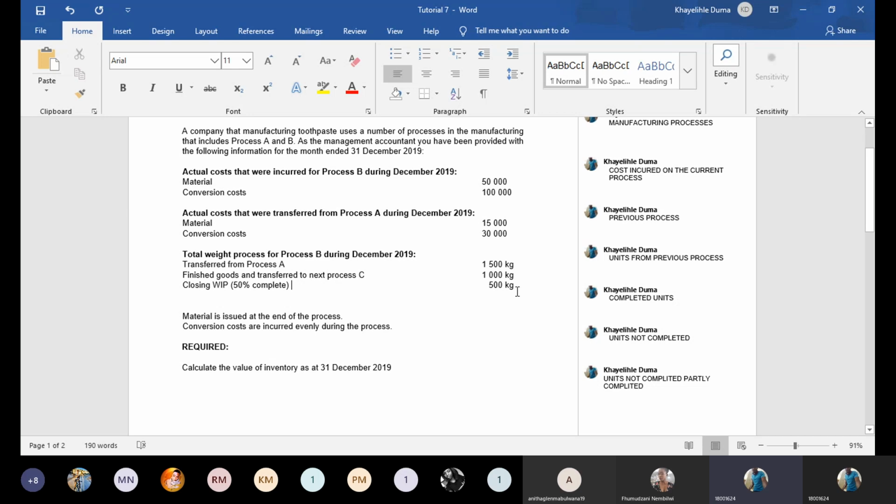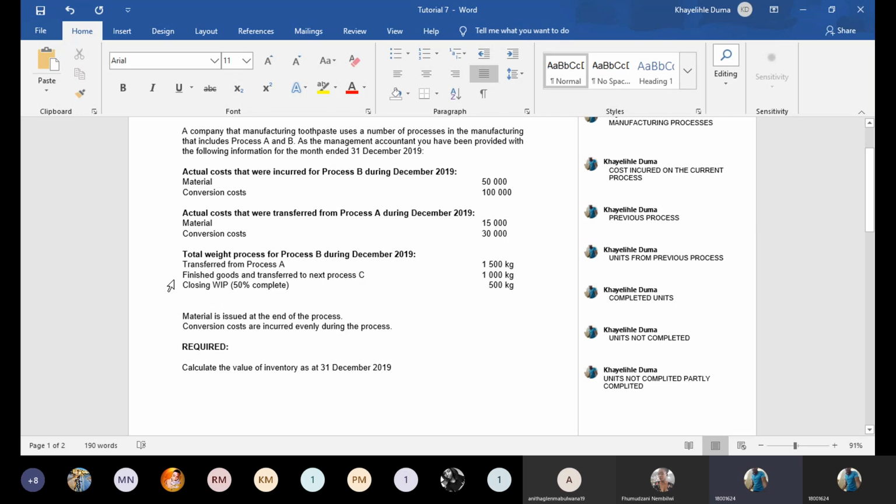So we consider that when it comes to conversion cost only. The nice thing about process costing is it only focuses on materials and conversion cost. There are no other costs that you'll find. So it's quite simple to cram. So now I can cram this conversion. I made the notes, you will see them. Conversion cost. The closing work in progress for conversion cost will be guided again by your information.